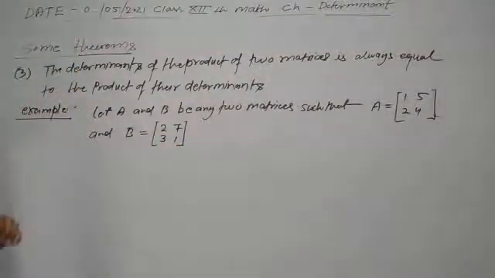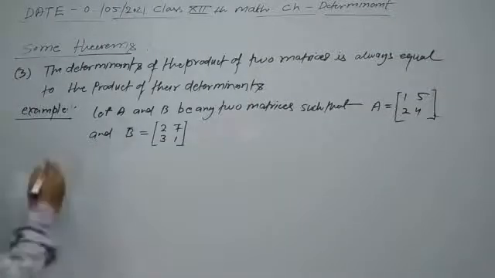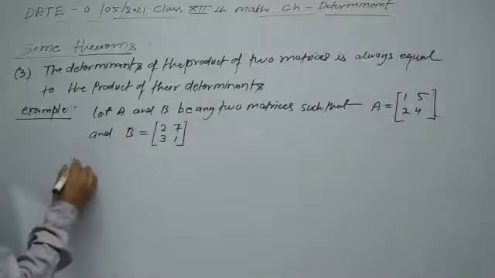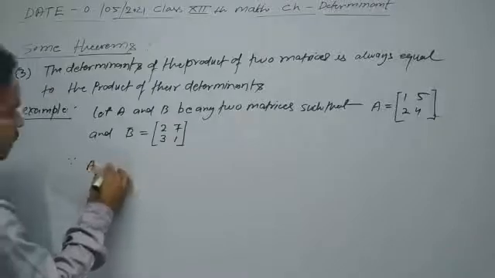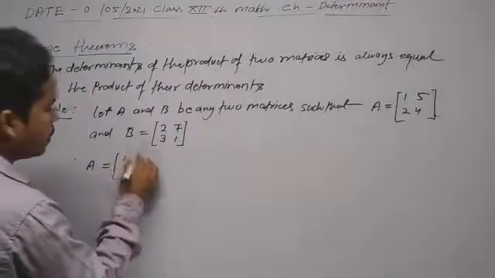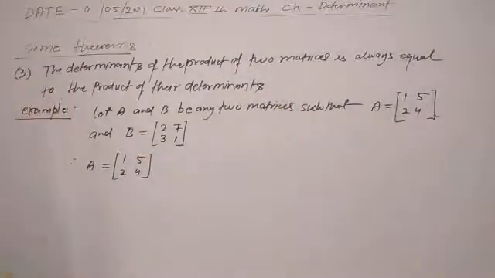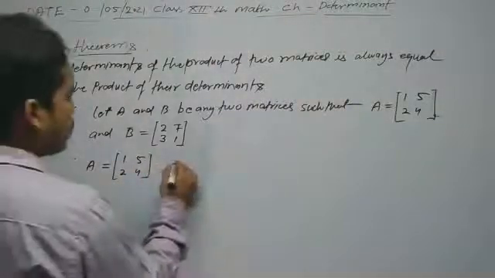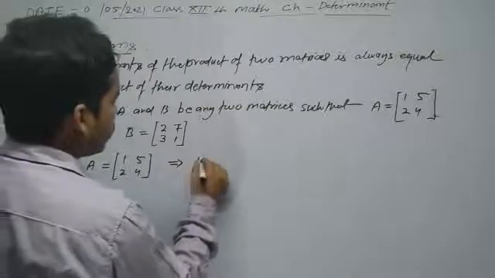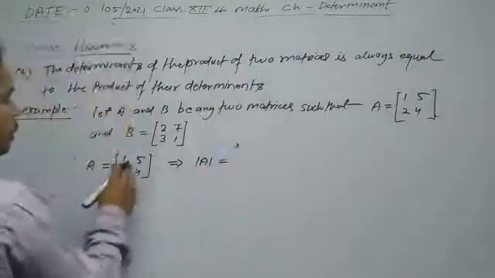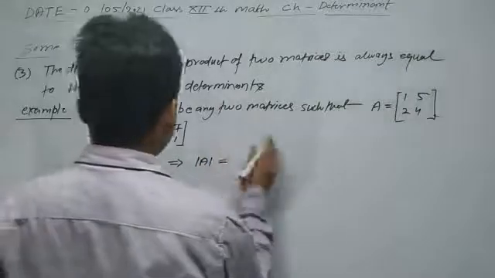So first of all, I will see their determinants. Since capital A is equal to the given matrix 1 5 2 4, its determinant is 1 4 is 4 minus 10.